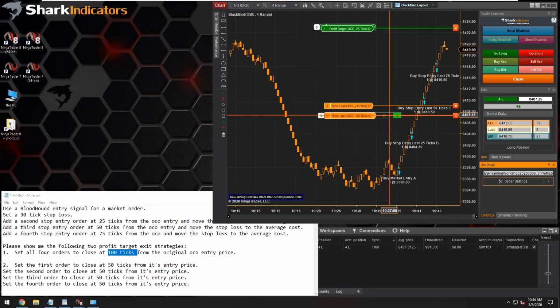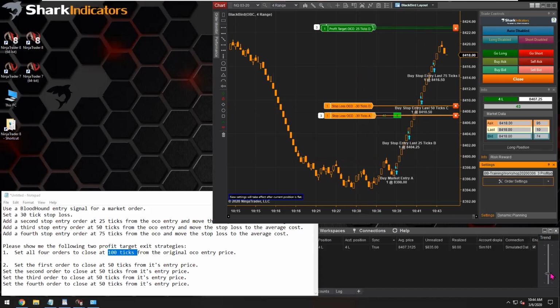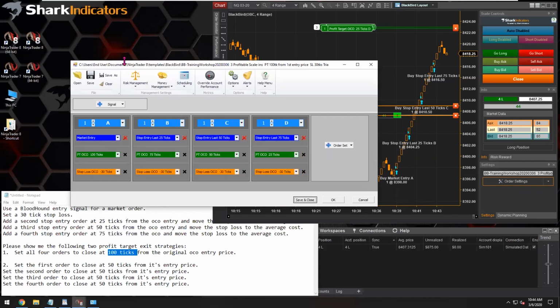Because remember, the average entry is actually going to be 50 ticks below where order D gets filled. So we need to go in here and adjust the initial placement for order D here. All right, so let me pause that, and we'll go in and make that adjustment here.